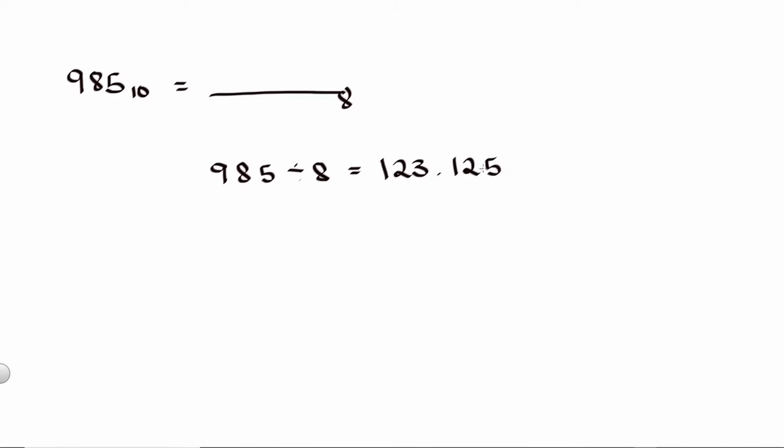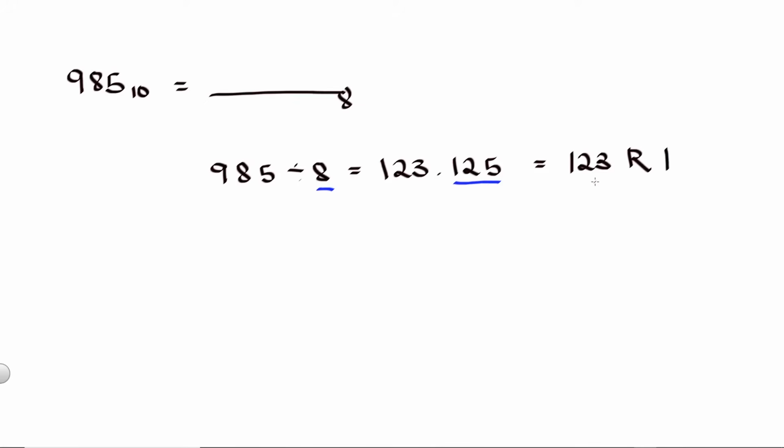For our next example, we are going to convert 985 base 10 into base 8. So 985 divided by 8 is equal to 123.125. So this is 123, and for the remainder, we're going to multiply 0.125 by 8, and it will give us 1. So 123 remainder 1.